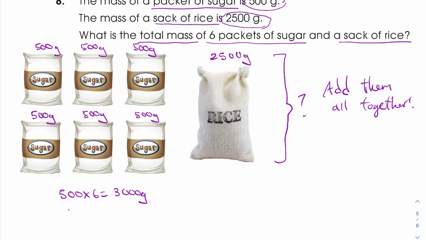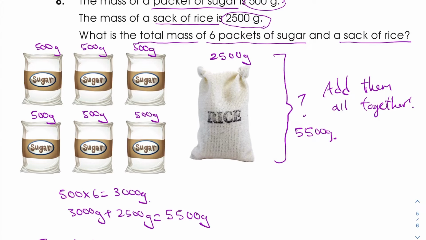Add to the rice, so 3,000 grams plus 2,500 grams will give me 5,500 grams. So altogether is 5,500 grams. So we can just put the total mass is 5,500 grams.